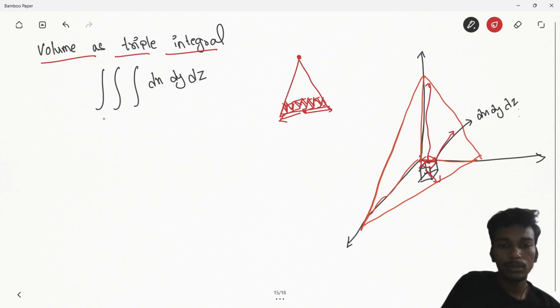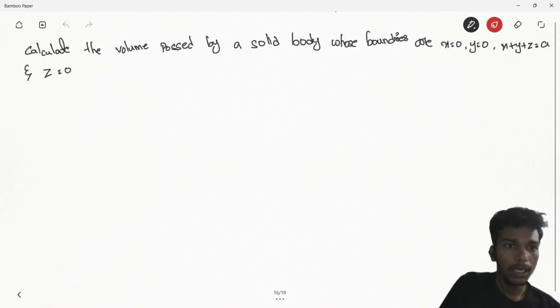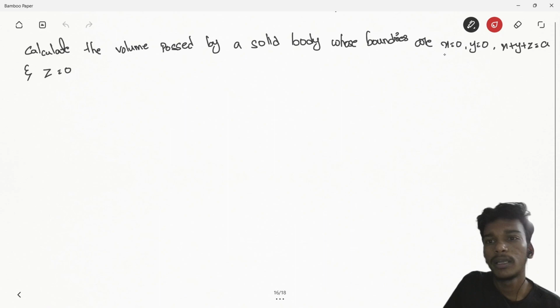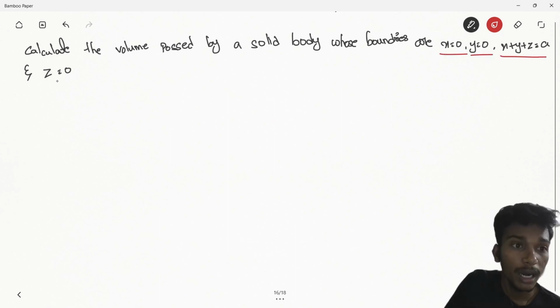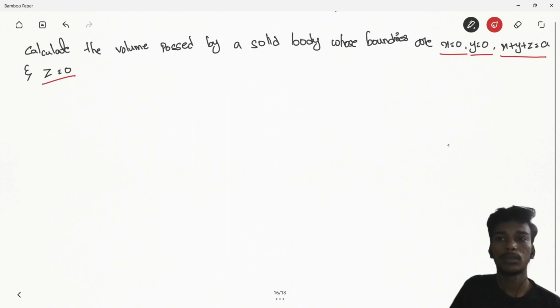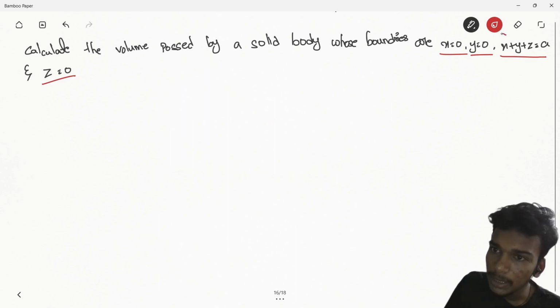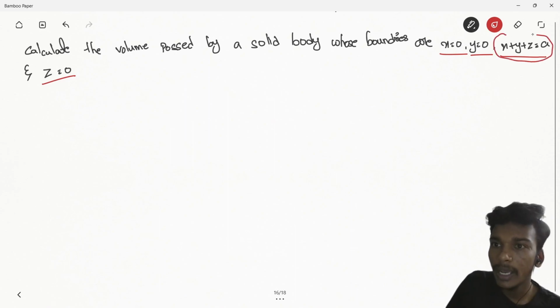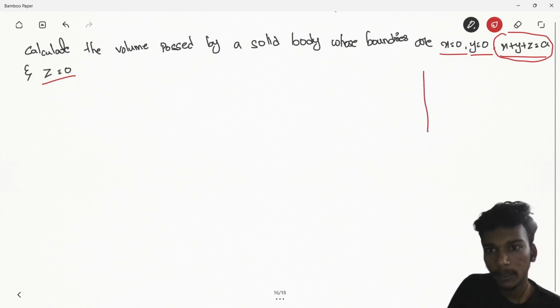If you look at a problem, we are going to get a clear idea about this. Just look at this problem. Calculate the volume of a solid body whose boundaries are x equal to 0, y equal to 0, z equal to 0, and this is a plane in 3D. This plane has an intercept of a in each direction.